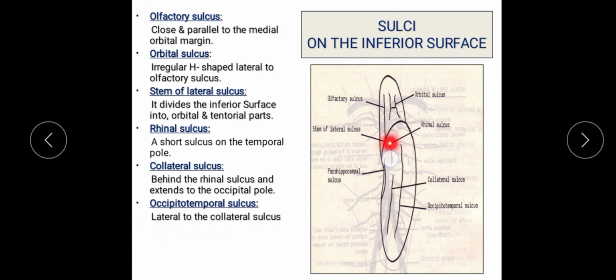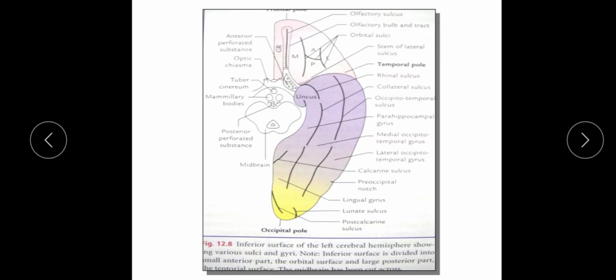Lateral to the rhinal and collateral sulcus, there is the occipitotemporal sulcus. This is again the diagram from Vishram Singh. This is the rhinal sulcus, this is collateral sulcus, this is the occipitotemporal sulcus.